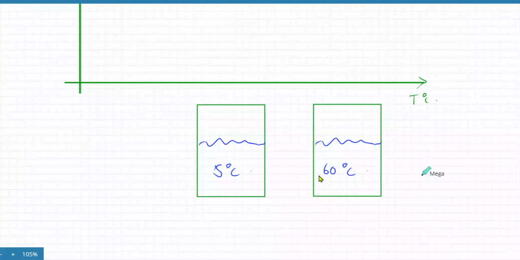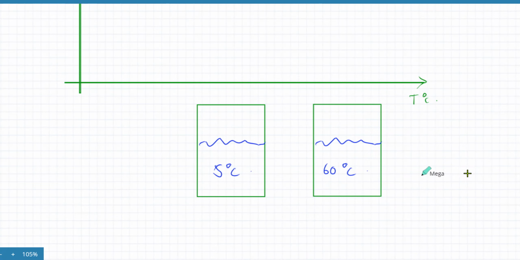So the change is going to be very, very negligible.